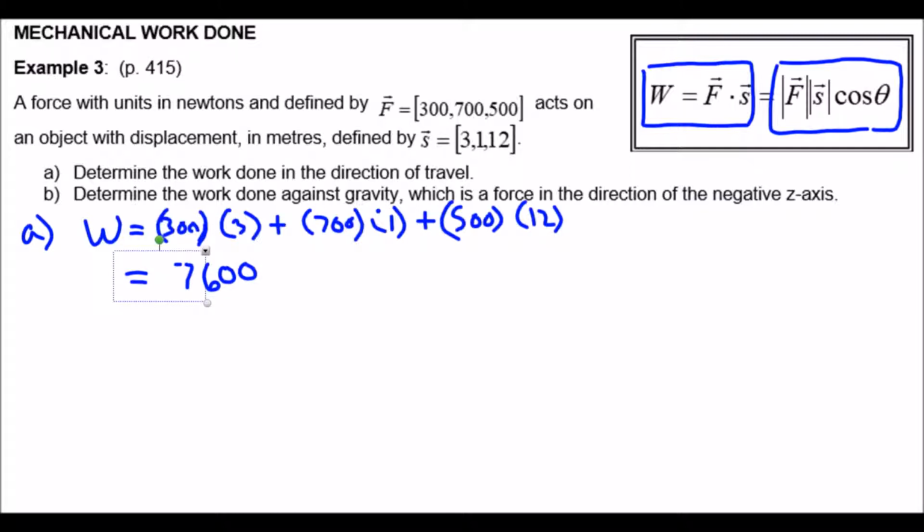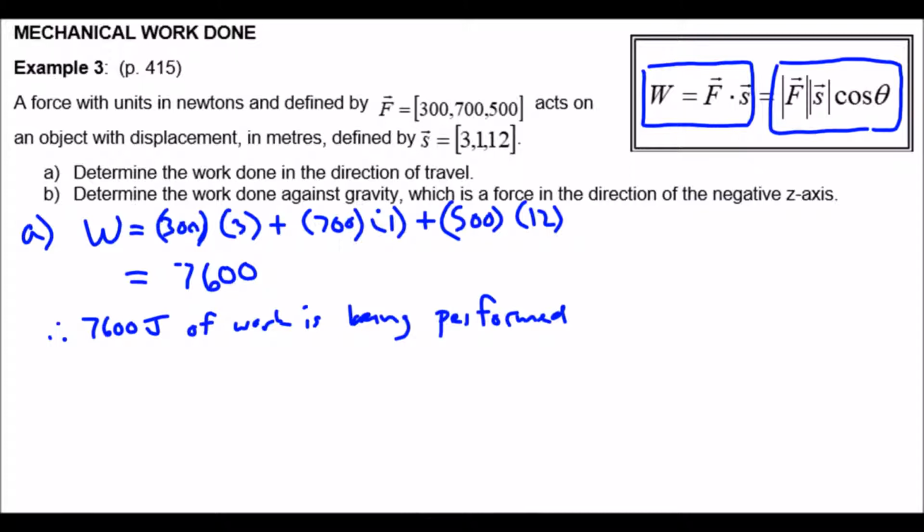So therefore, 7,600 joules of work is being performed in the direction of travel.